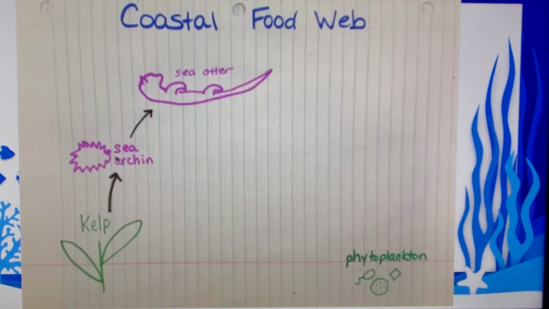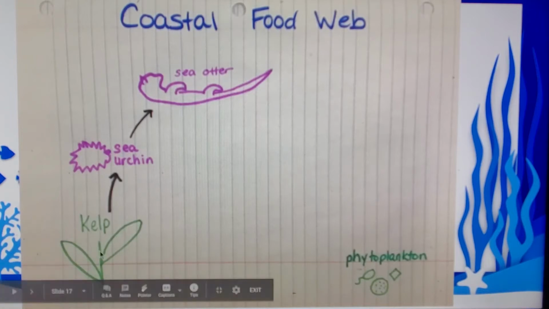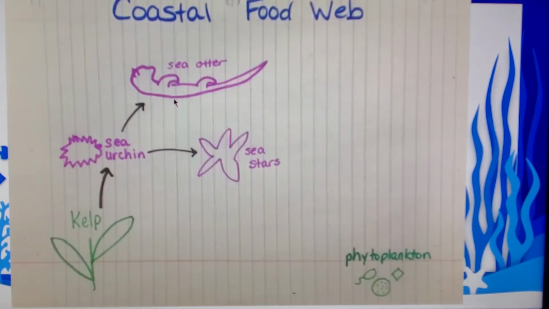So the energy that the sea otter needs to live his best life, to mate and have pups, to swim, to grow new fur, is because he's getting energy from the sea urchin that it got from the glucose from the kelp. But remember, this is a food web.